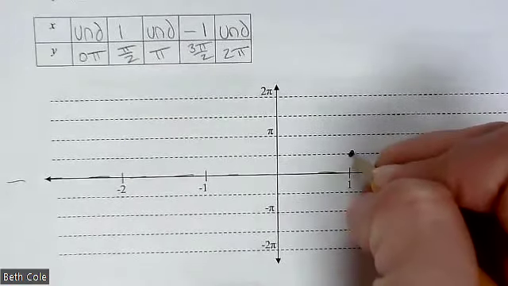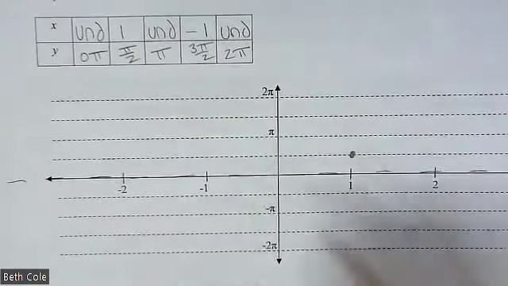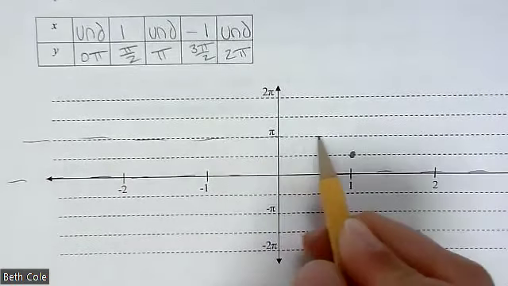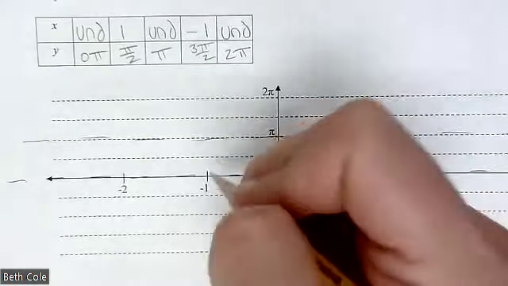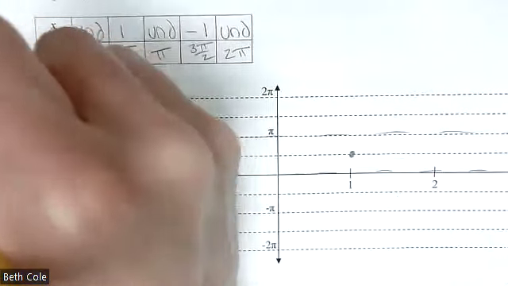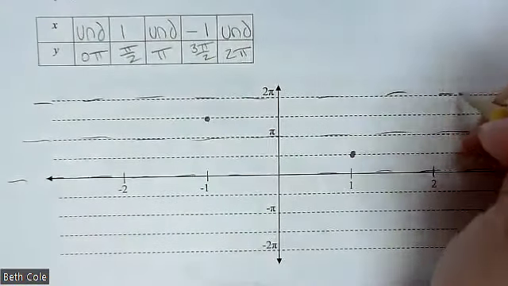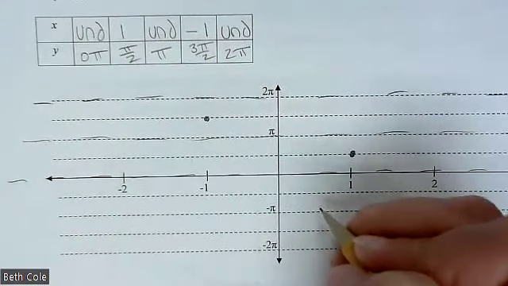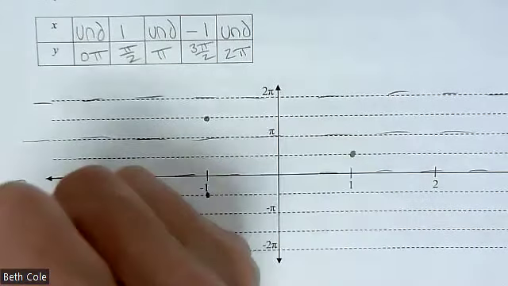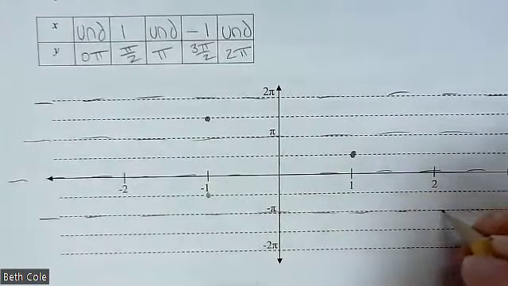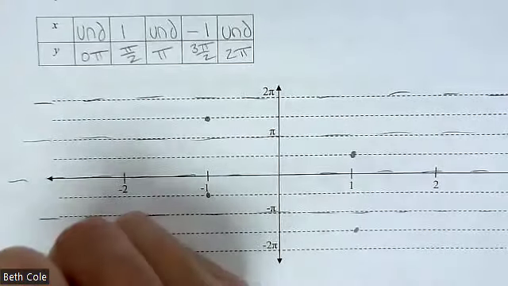So that's right here. And then another asymptote. And then you get -1 at 3 pi over 2. And then another asymptote. And so you're going to get those U shapes, but they're going to be on their sides. And again, just fill it in for the whole rest of the way.